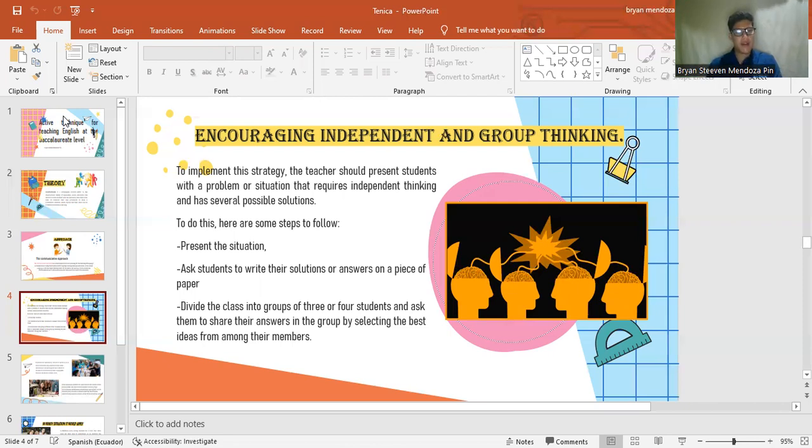The next step is to divide the class into groups of 3 or 4 students and ask them to share their answers in the groups by selecting the best ideas from among their members. Okay, in the class we need to stay in groups.